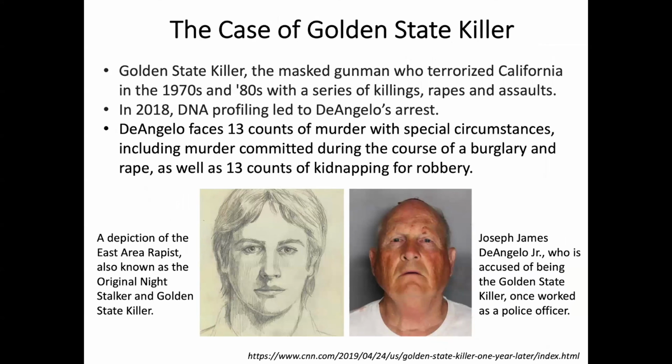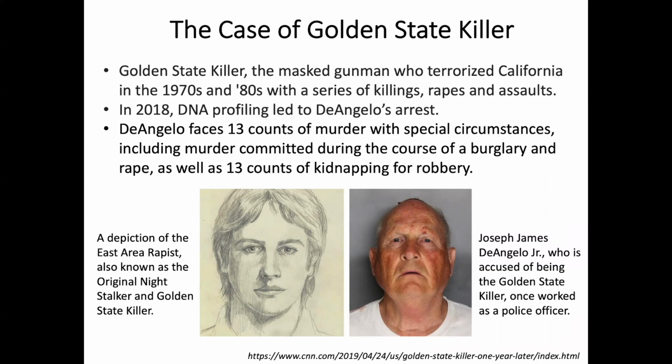This is not going to be in the exam, just for fun for you to know. This is a real case called the Golden State Killer. The masked gunman who terrorized California in the 70s and 80s with a series of killings, rapes, and assaults. In 2018, DNA led to this bad guy, DeAngelo's arrest.